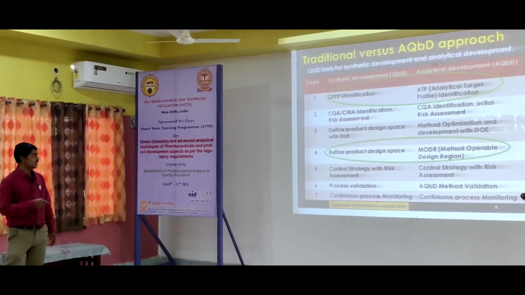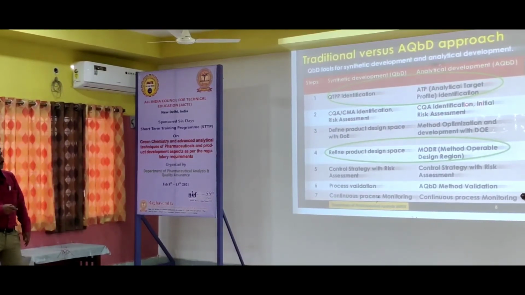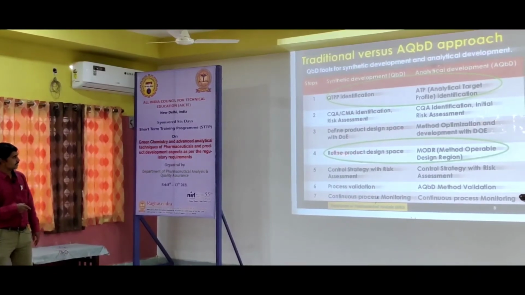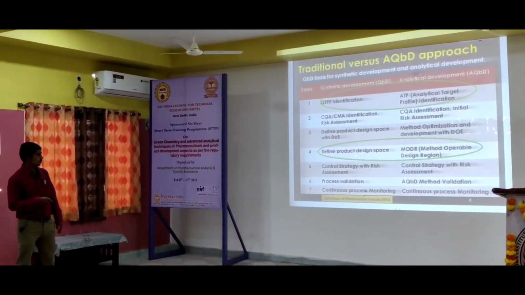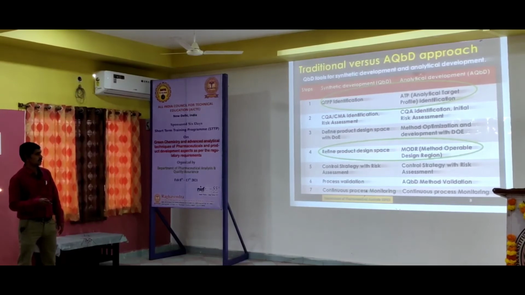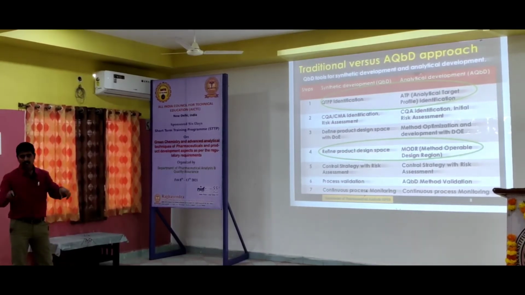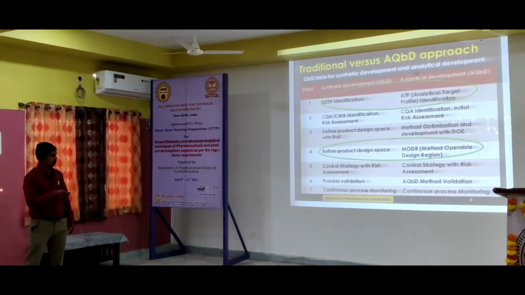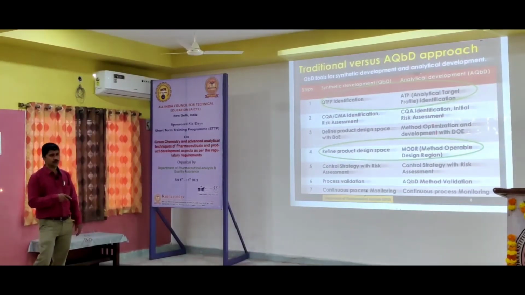And CQA and CMA, that is critical quality attributes and critical material attributes, whereas here only CQA we are going to check. Define product design space, DOE, and this is also the same, but here this varies. Refine product design space, but here we have MODR, we have much space to do your analysis, and the remaining steps are similar in QBD or AQBD.